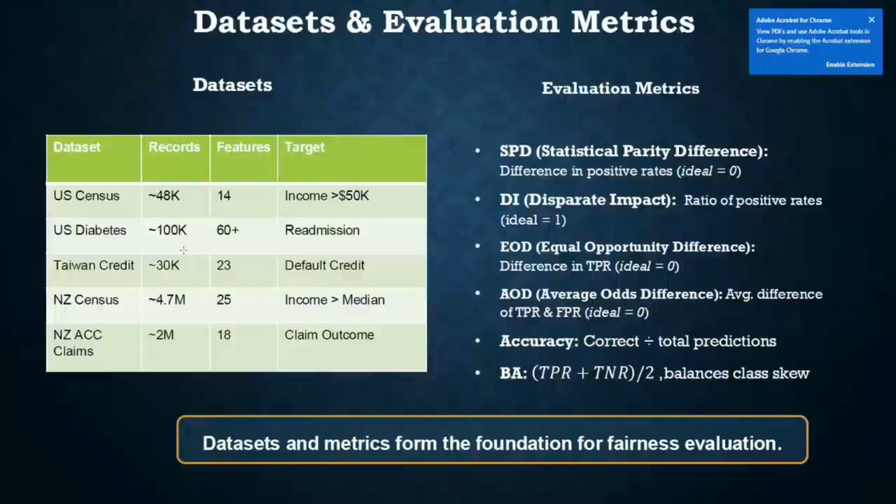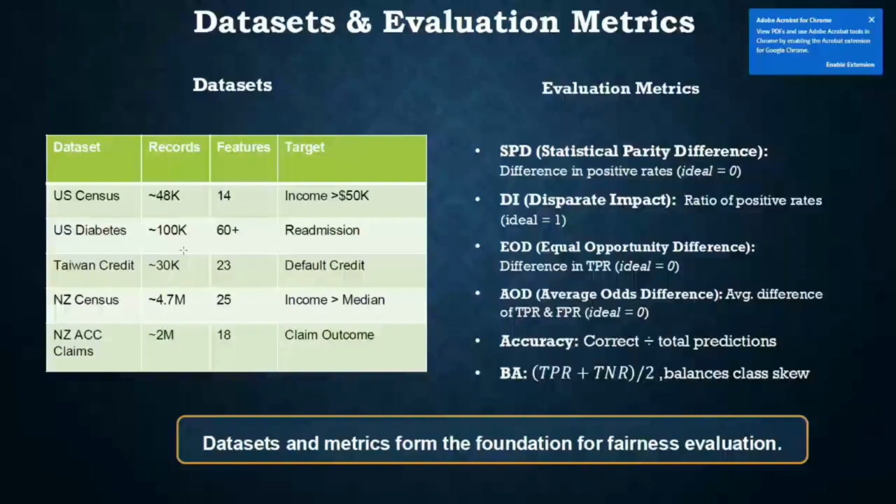We also use some metrics, which are commonly accepted statistical metrics. Two of them are statistical parity difference and DI, which is disparate impact. They work on the positive rates: one is the difference in probability between privileged and unprivileged groups when our model predicts a positive outcome, where the ideal is 0, and DI is the ratio of that probability, where the ideal is 1.